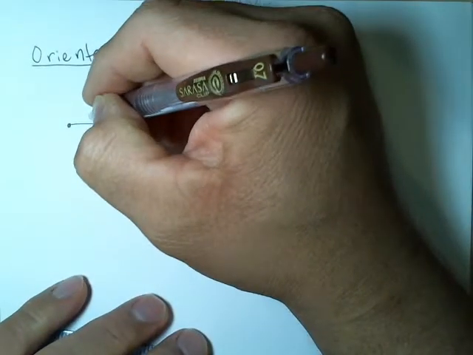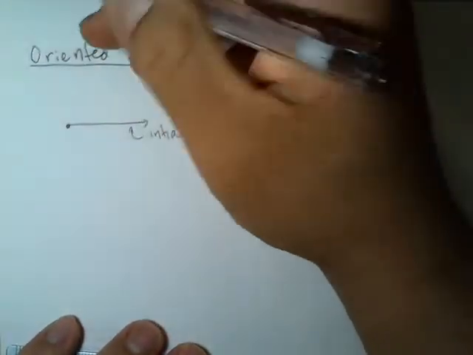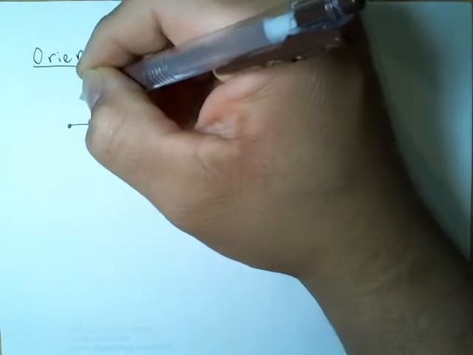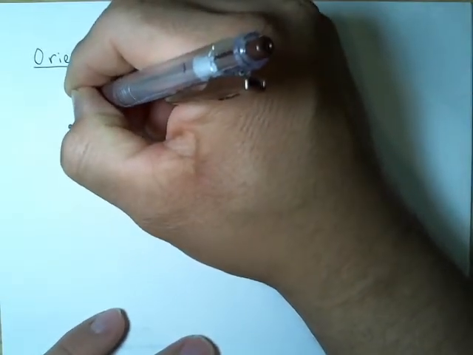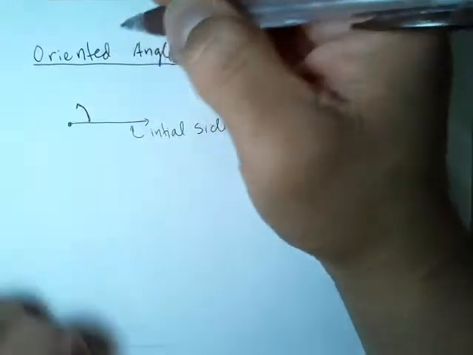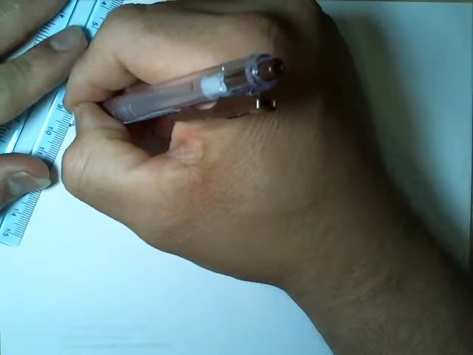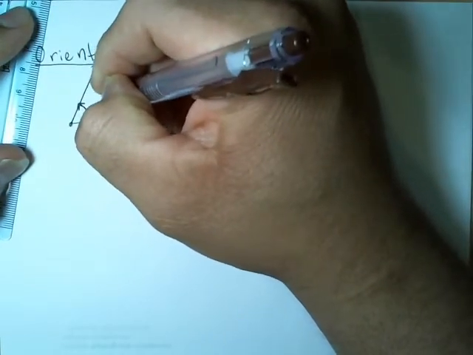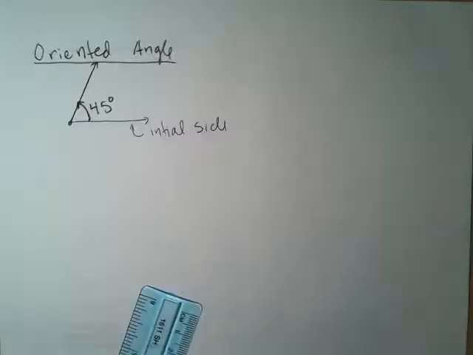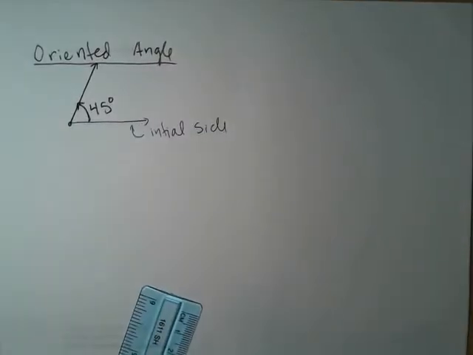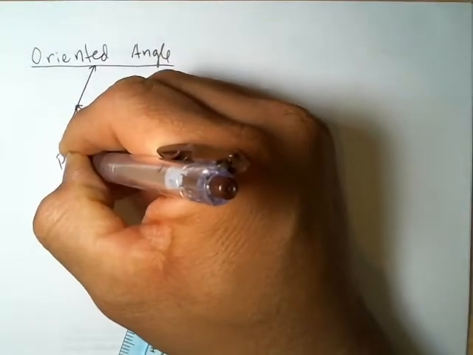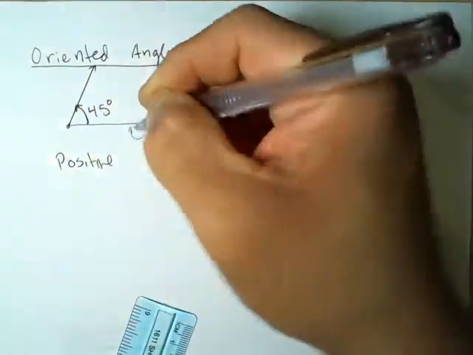So let's say we go somewhere here, let's call it 45 degrees. Notice I'm oriented going counterclockwise, so this would be a positive 45 degrees.